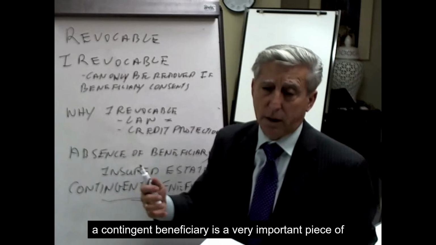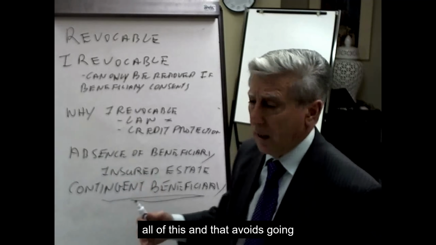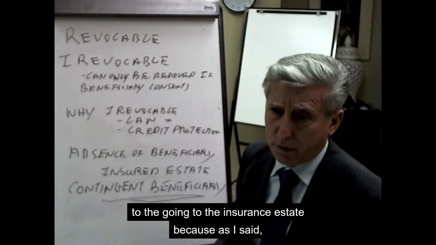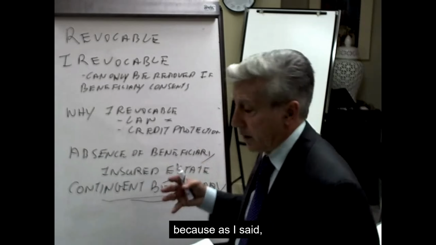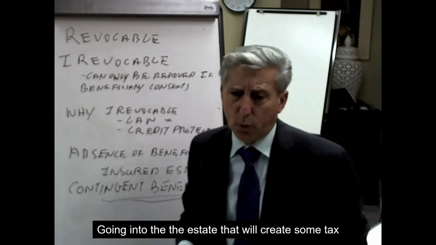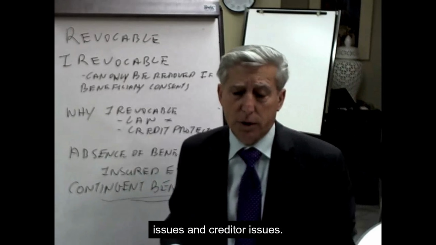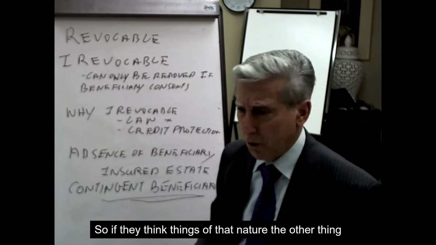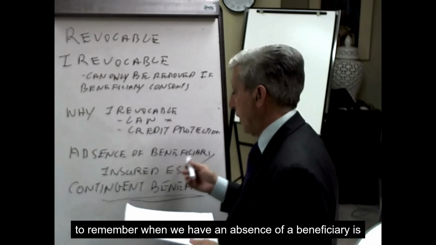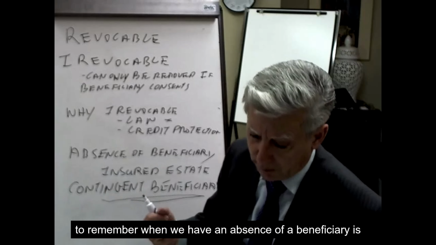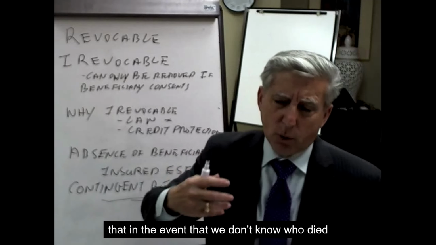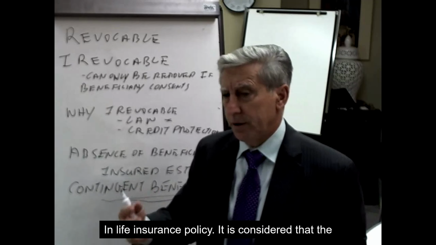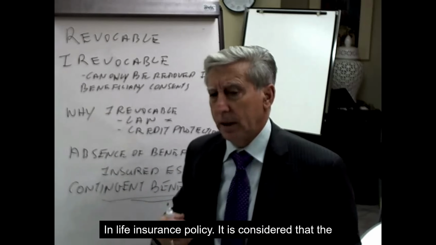So it bypasses it. So having a secondary beneficiary, or as we refer to it, a contingent beneficiary, is a very important piece of all of this, and that avoids going to the insured's estate, because, as I said, going into the estate will create some tax issues and creditor issues, things of that nature. The other thing to remember when you have an absence of a beneficiary is that in the event that we don't know who died first, in a life insurance policy, it is considered that the beneficiary died first.